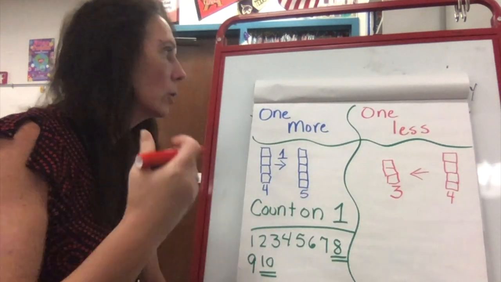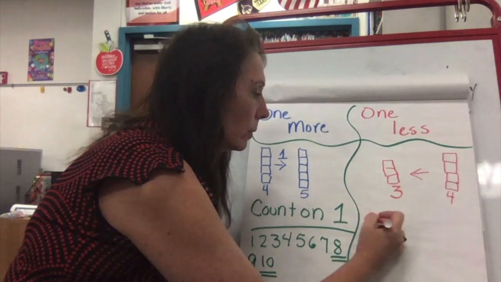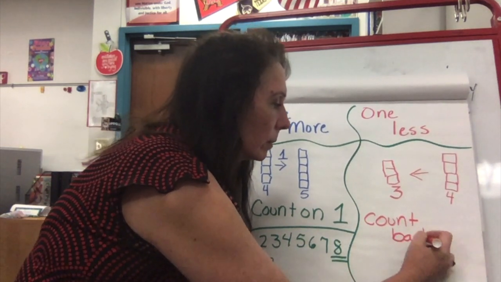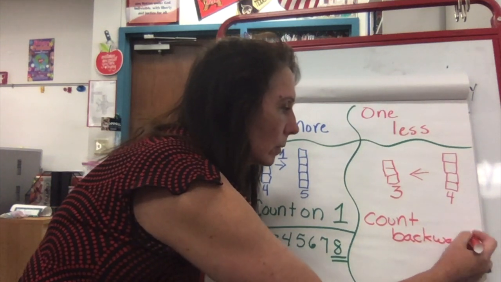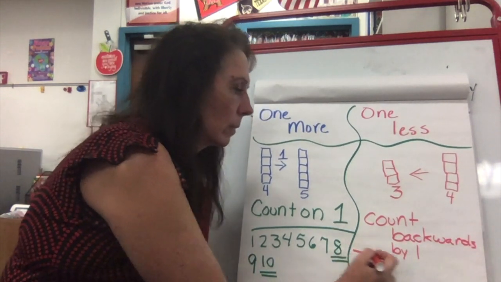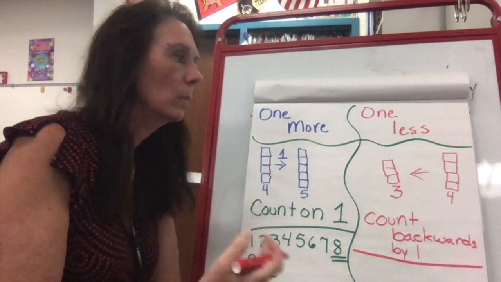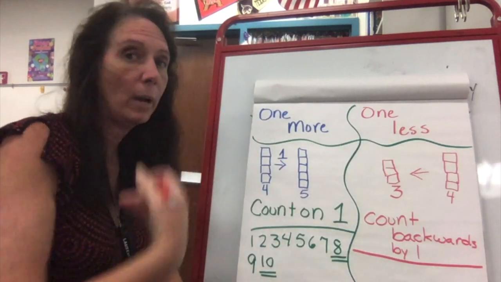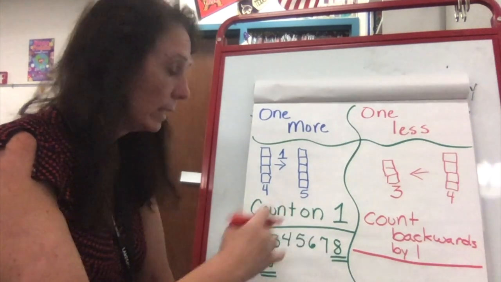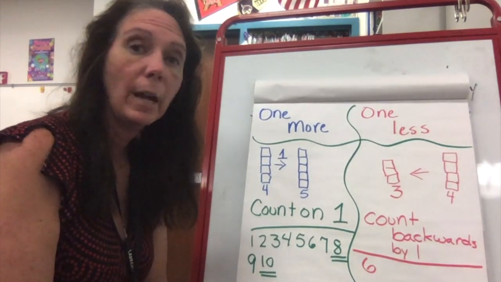So when we think about 1 less, we don't want to count on, we kind of want to count backwards. Count backwards by 1. So we want to go ahead and think about, go down a number, go backwards a number. So if I gave you the number 6, I want to think counting backwards.